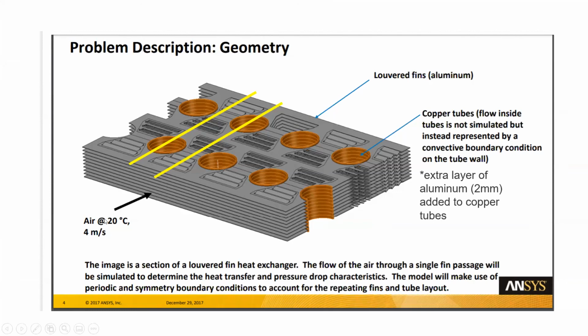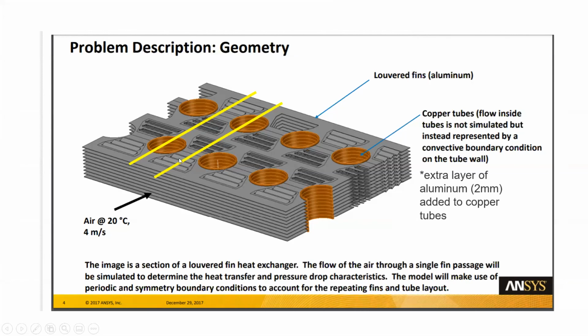So air will be entering from one direction and blowing over these heat exchanger fins, and will take away some of the heat that is coming from the fluid inside these copper tubes. Now, in order to make this a little bit more efficient and reduce the computational domain, we're not going to be modeling all the fins or the entire section. We'll just be modeling the section that you see in between these two yellow lines.